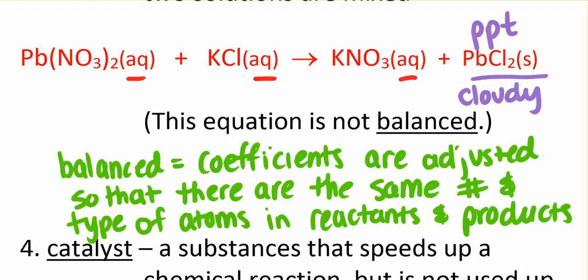Okay, so if we balance it, what we do is we change the coefficients so that the number of atoms before and after the reaction are the same.